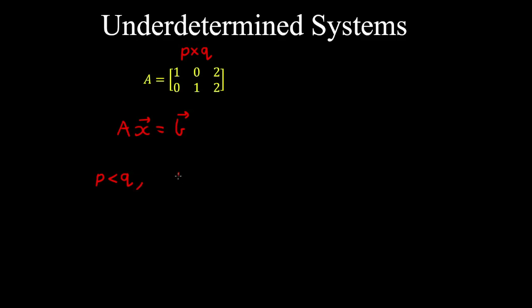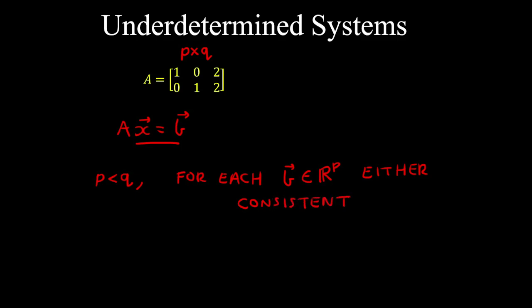So in this case, for each vector b in the vector space of P tuples, our system here is either consistent or has infinitely many solutions.